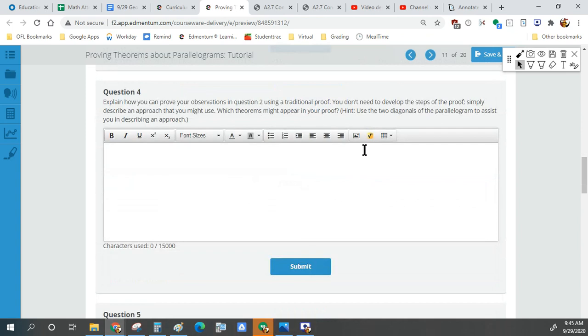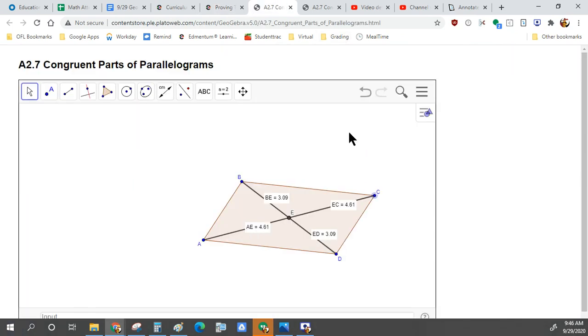Explain how you can prove this with a triangular proof. Okay, so we're going to try to prove this down. So if we cut them in half, what I would do is I would say this angle is equal to this angle because of alternate interior angles, meaning that this angle is equal to that angle because of alternate interior angles.